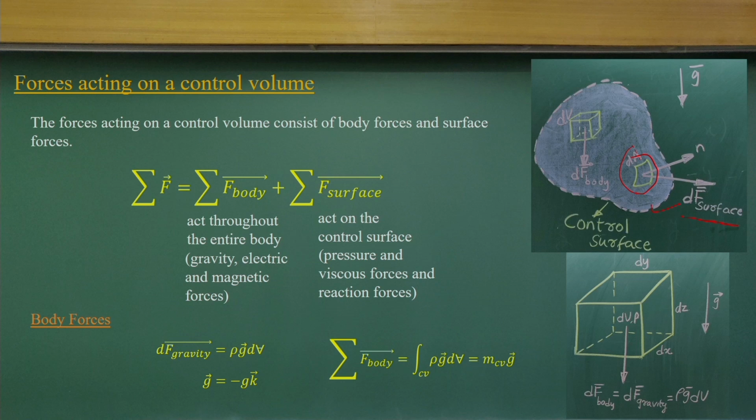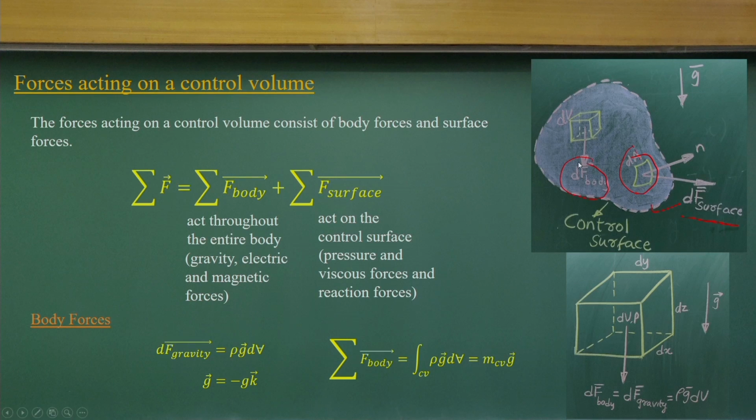One is body force, because of the mass of the control volume, how much body force you get from the gravity point of view. Other forces, like electrical or magnetic fields, we do not consider here. Basically, because of the control volume mass, how much weight you get, that will be the body force.